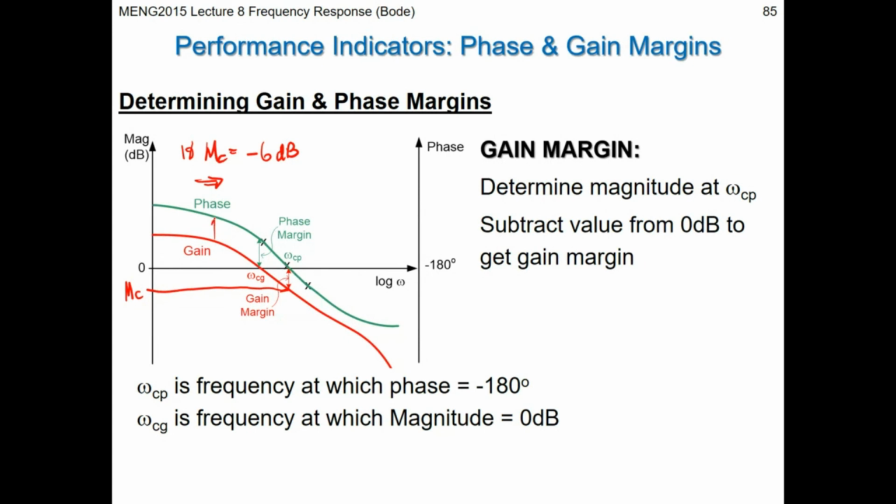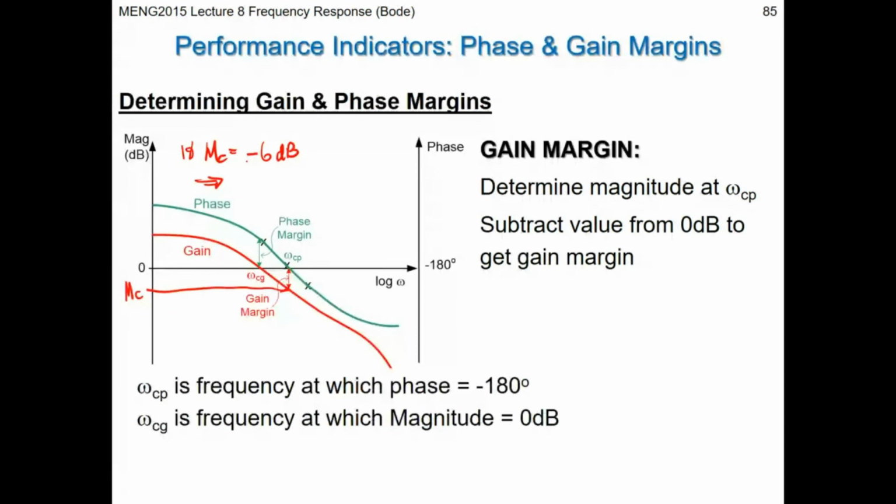I could move this line up by 6 decibels before the gain line crosses the 0 decibels level at the same frequency, omega CP, as the phase line is crossing minus 180.